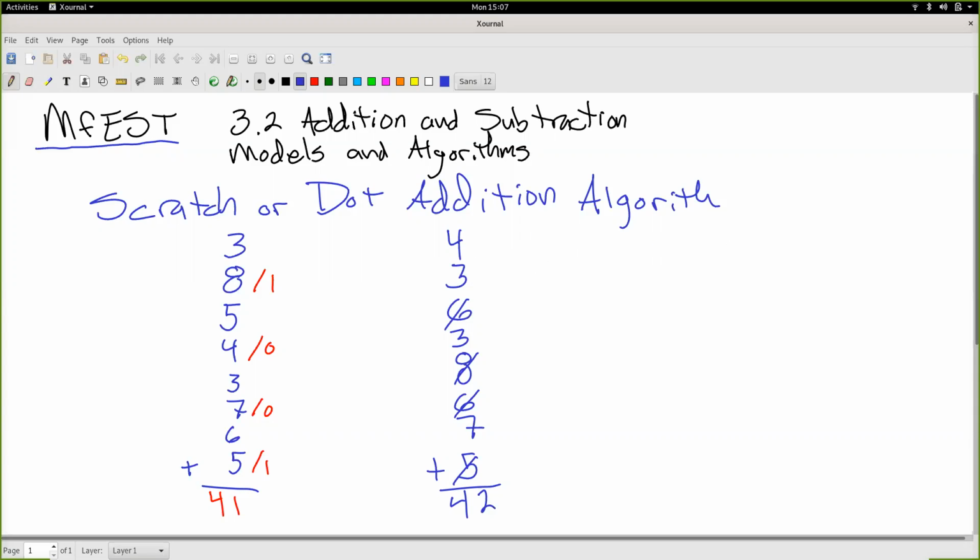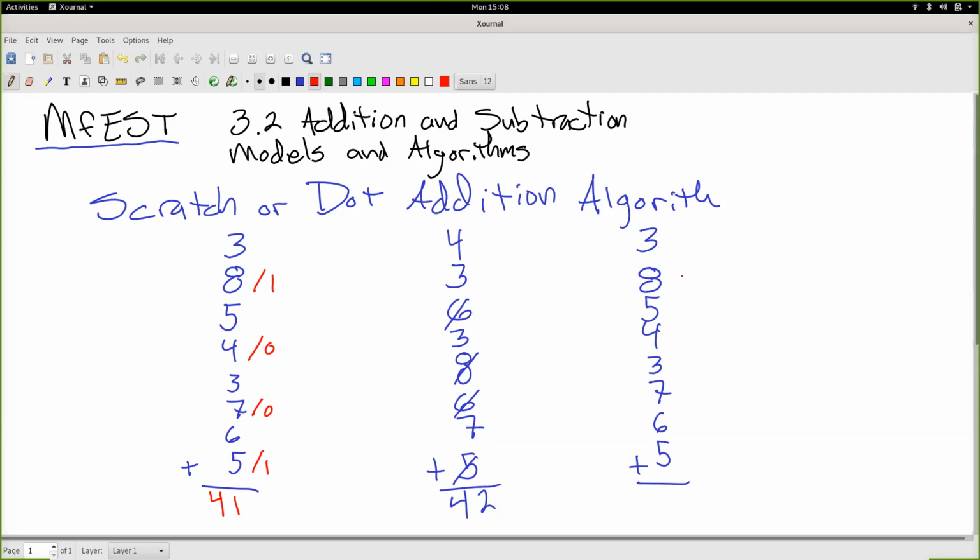So I'm just going to repeat, let's say that first column right there. 3, 8, 5, 4, 3, 7, 6, 5. And I think I got them right. 5, 6, 7, 3, 4, 5, 8, 3. Yeah. So the dot method is exactly the same, except I don't write the ones, I just think them. And I put a dot every time I get a 10.